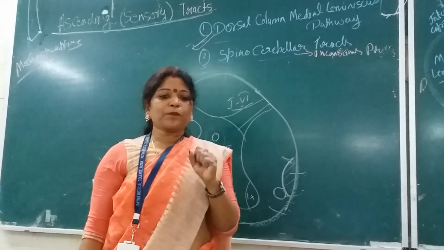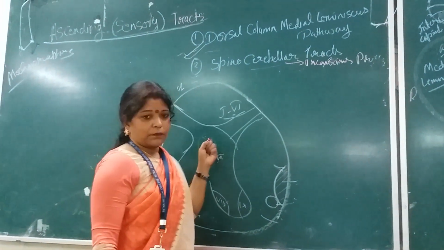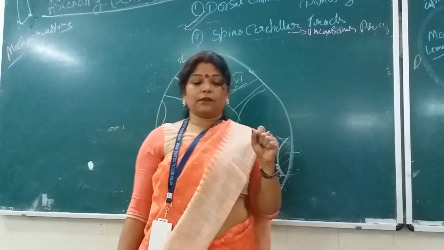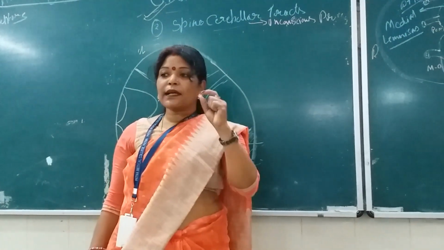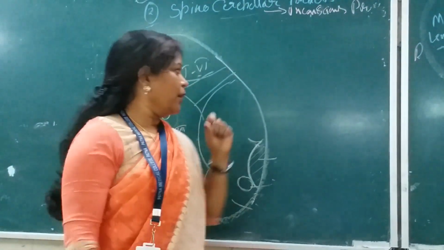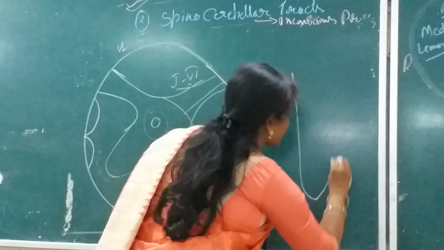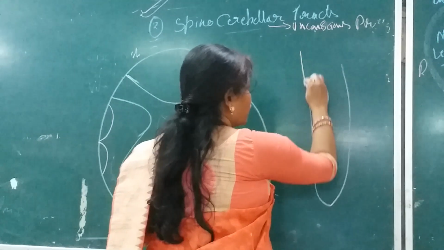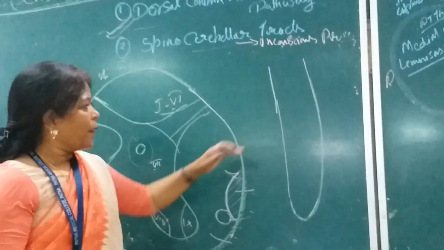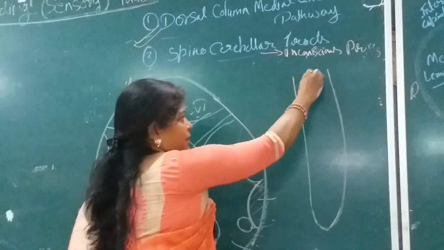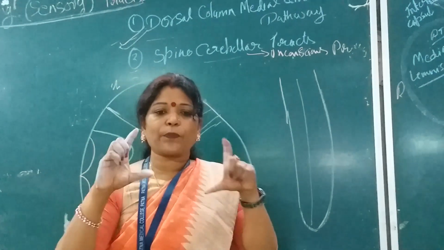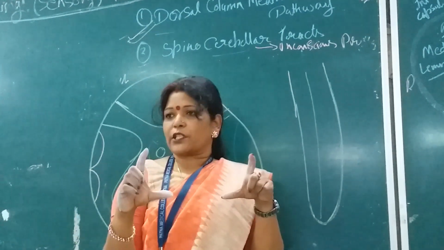Now, in the intermediate area, there was the Clark's column cell. Do you remember? Clark's column had a very specific position. This is the spinal cord here. But the Clark column cells are present only at very specific segments of the spinal cord.